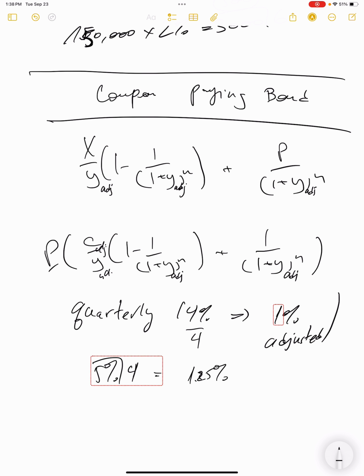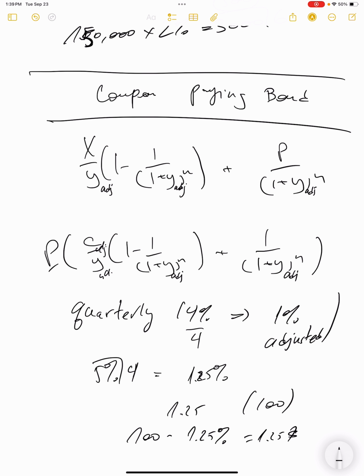Now, what is your payment? Your payment in this case is going to be 1.25 because the principal is 100. So it's 100 times 1.25%, which is $1.25. Okay? Pretty simple. So now let's see how you approach this problem.